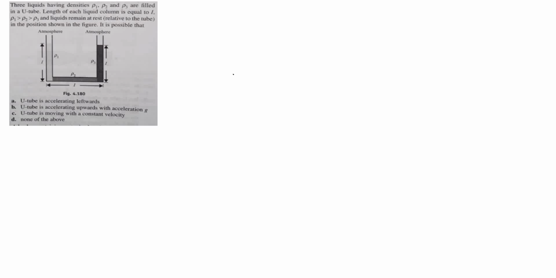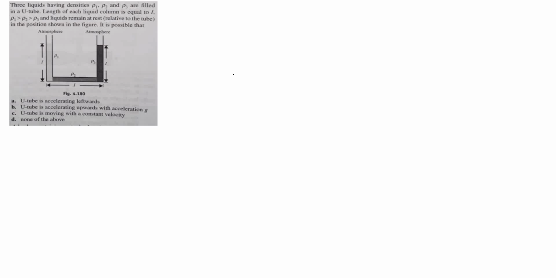Specifically, we highlighted problems based on a cylinder with two holes, or a cylinder containing two liquids of different densities with only one hole at the bottom, or one liquid of density rho with two holes on opposite ends. We found the ratios of the heights of the holes from the top surface of the liquid or from the bottom, and we also calculated the velocity of efflux from these two points.